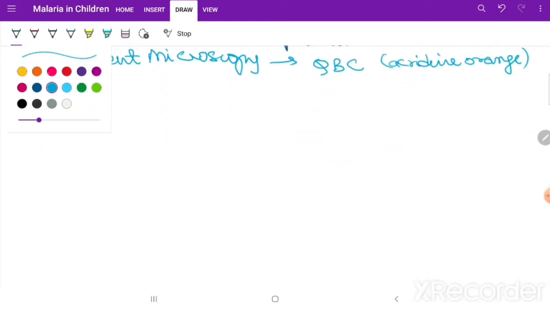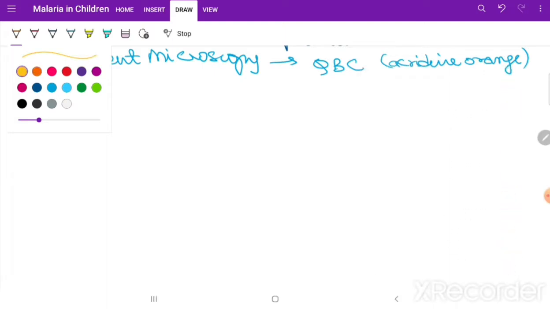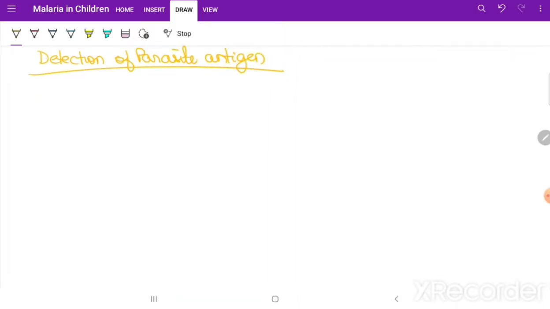And now we'll go to detection of parasite antigen. This parasite antigen detection is done by immunochromatographic assay.